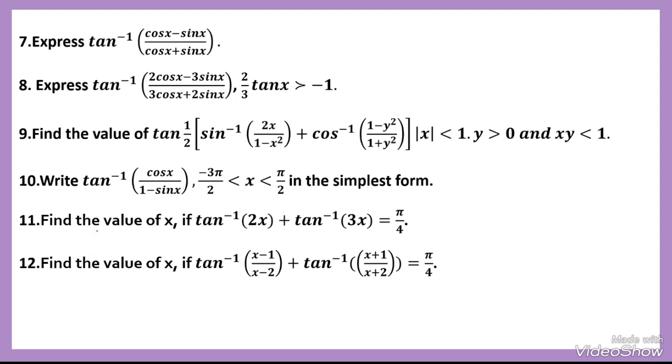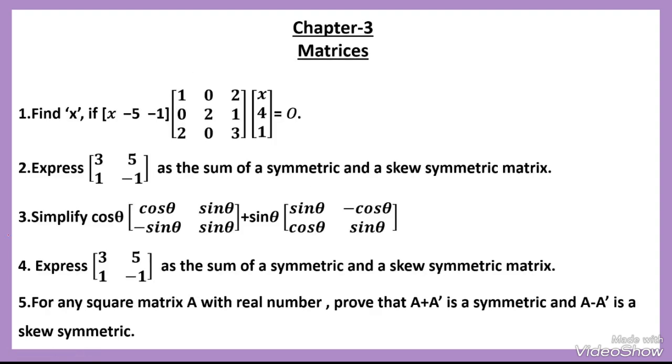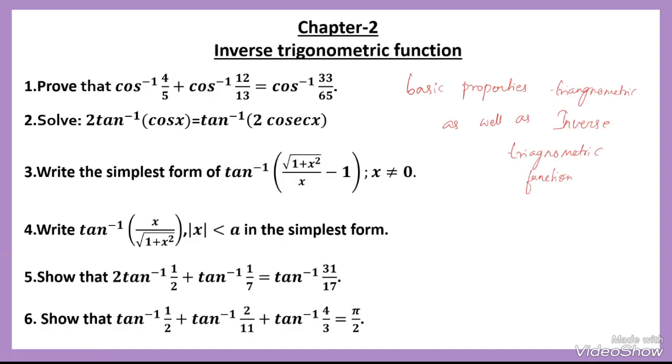Here from this chapter, there are 12 questions. Out of 12 questions, there will be 1 question in the annual examination. This question will be from the model question paper, and sometimes it is asked in the annual examination. Here we have to use the property of cos of x plus y.